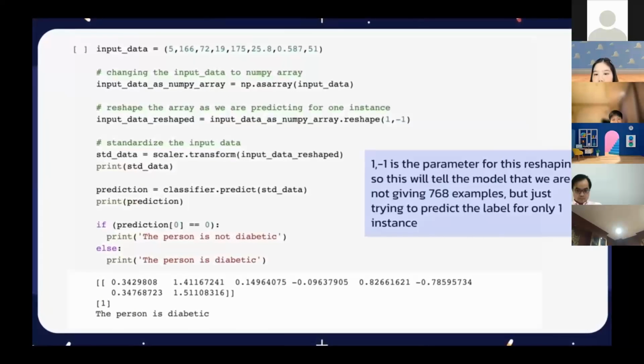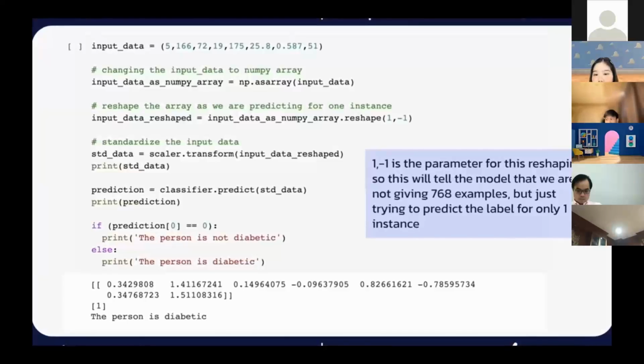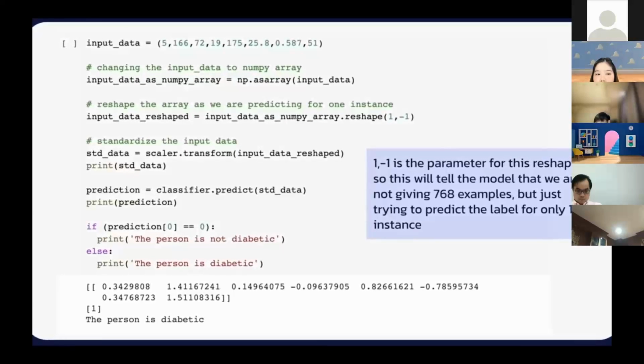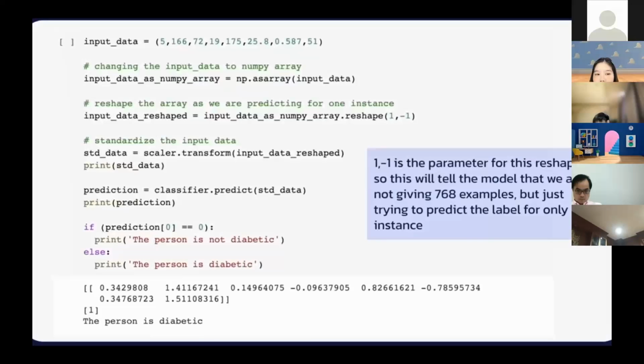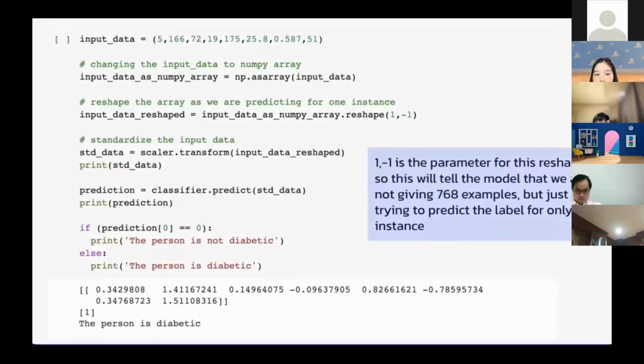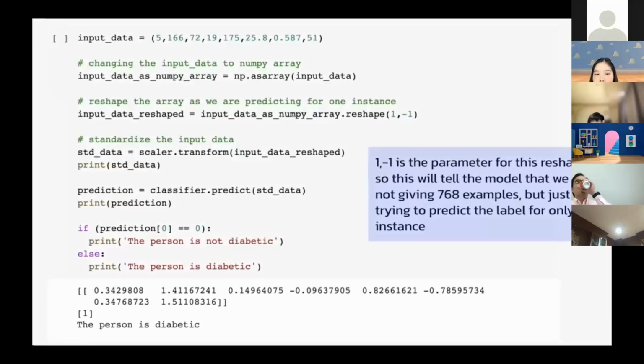So this will tell the model that we are not giving 768 examples, but just trying to predict the label for only one instance. Then standardize the input data, make the prediction, and find the result, which is 1. The person is diabetic, as you can see from the example here.